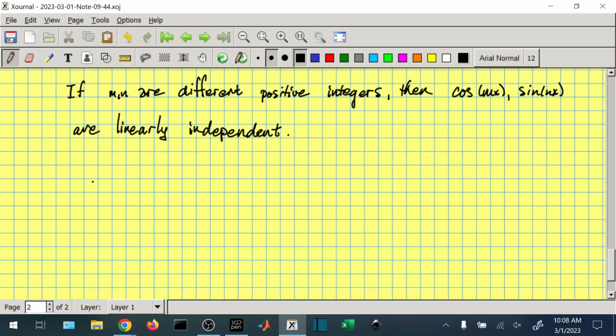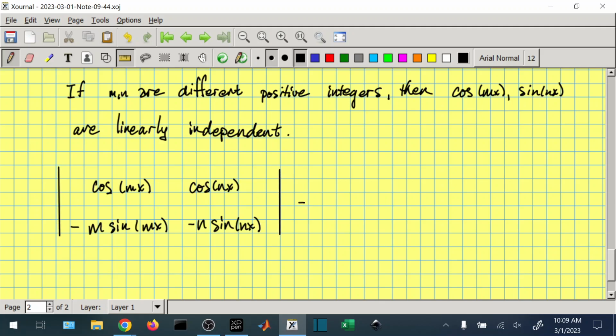Well, we're going to have to form our Wronskian matrix. So we're going to have cosine of m times x in the first row and cosine of n times x in the second row. And minus m times sine of m times x in the second row, and minus n times sine of nx. And we're going to compute the determinant. And what are we going to get?